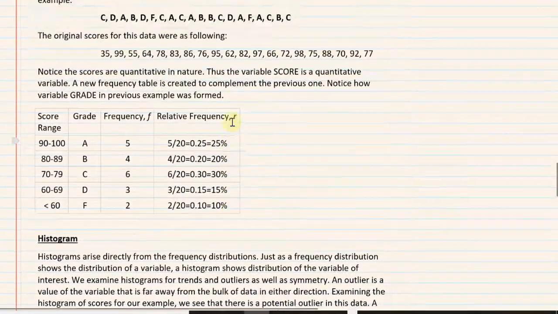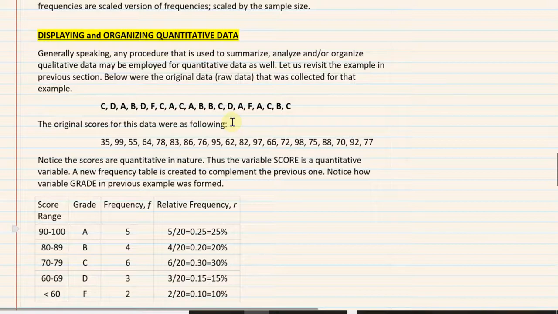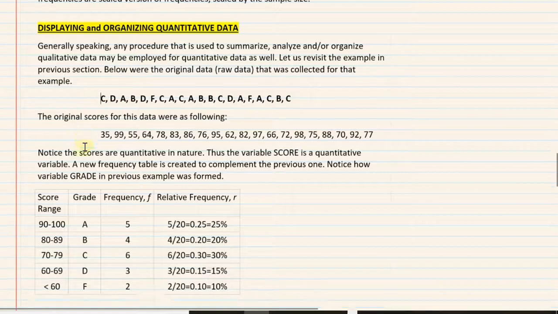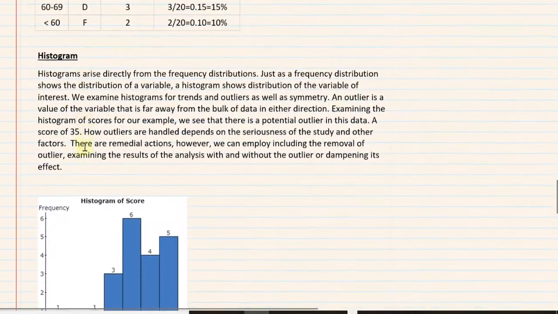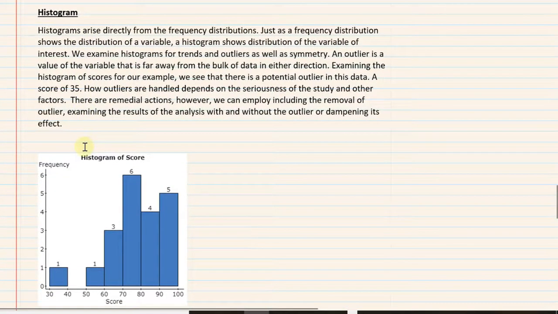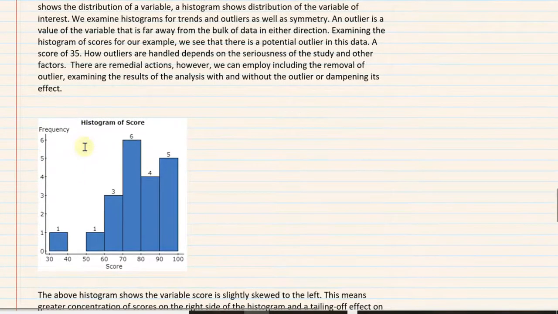Okay, so that's interesting. I'm just showing here that you can do with quantitative what you did with qualitative. Now, the other thing we do with quantitative that we do not do with qualitative is construct histograms. Histograms are typically from low to high.